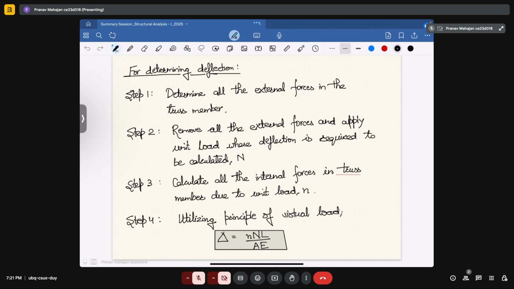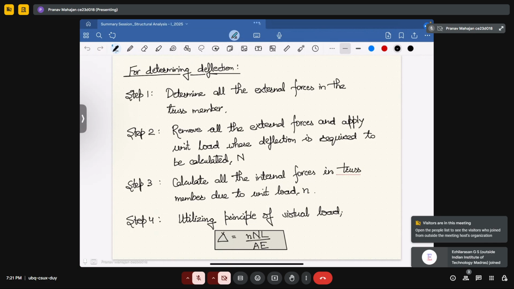Okay. After that, suppose at point E, let's say I am assuming to determine the vertical or the horizontal deflection. So if I am expecting to calculate vertical deflection at joint C, I will apply a unit load at that joint by removing all the external loads that are provided in the section.